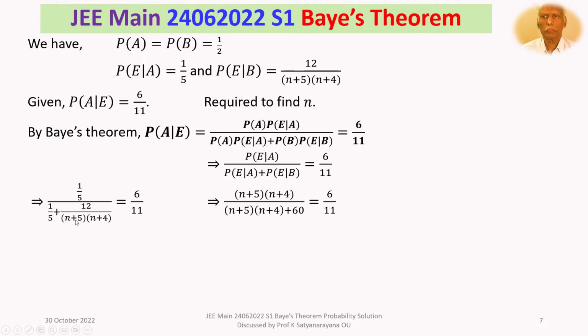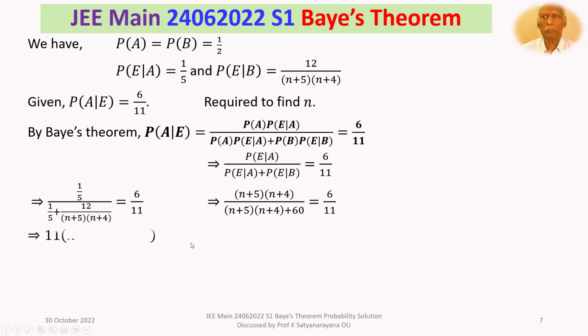That will be n plus 5 into n plus 4 plus 5 12s are 60 by 5, and in the numerator 1 by 5 is there, that 5 cancels. That will imply n plus 5 into n plus 4 by n plus 5 into n plus 4, 12 5s are 60, is equal to 6 by 11.